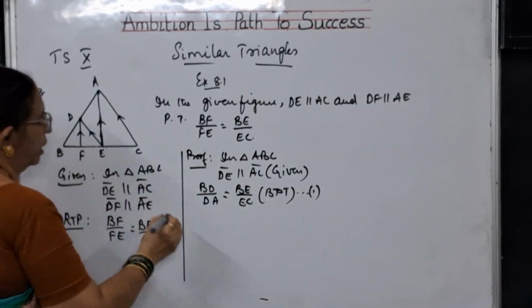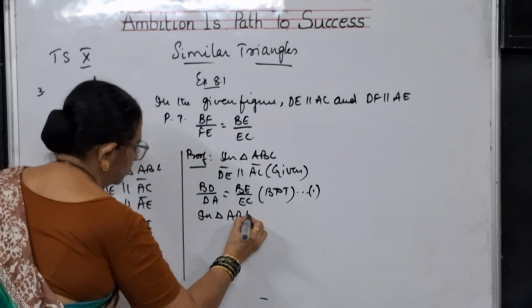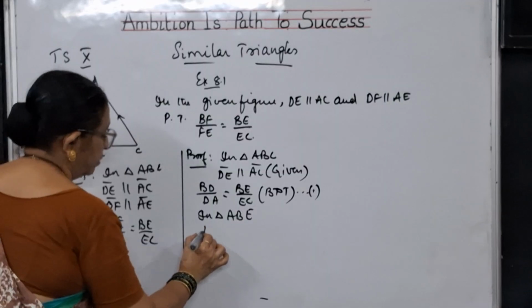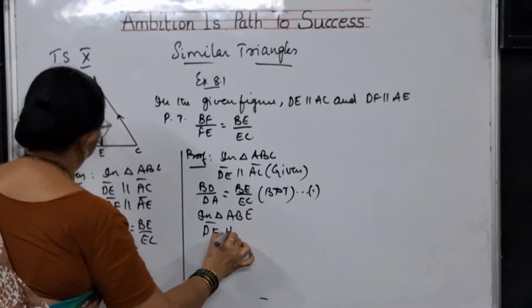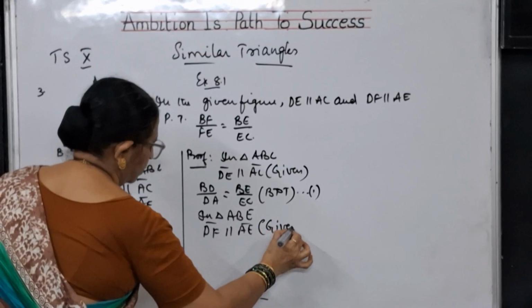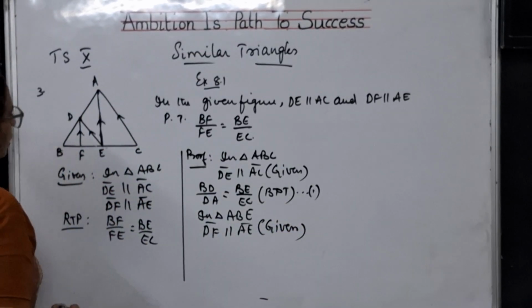Now you take triangle ABE. In triangle ABE, DF is parallel to AE. This is given to us. DF is parallel to AE.